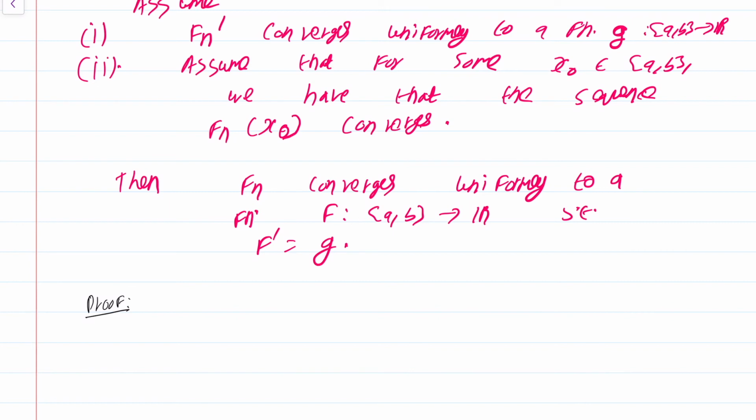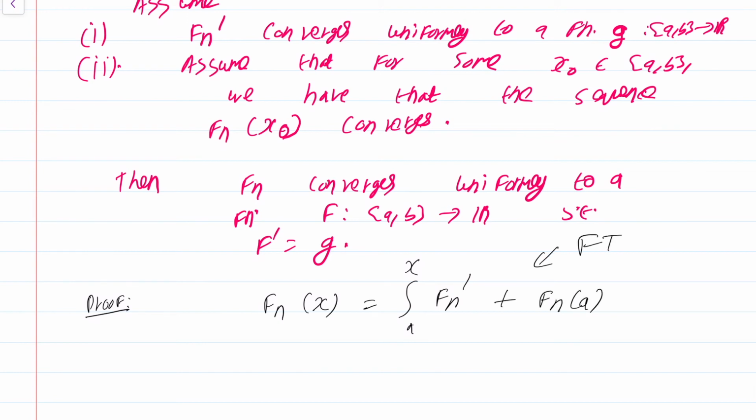So naturally, the only way to start this proof is via the fundamental theorem of calculus. So what we do is we write this function f_n(x) as the integral from a to x of f_n prime plus f_n(a). This is just the fundamental theorem of calculus. We can just write this. Now, how does this help?